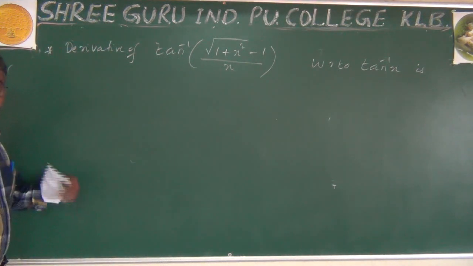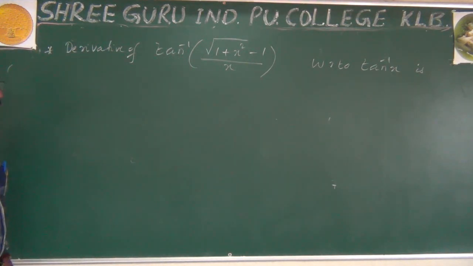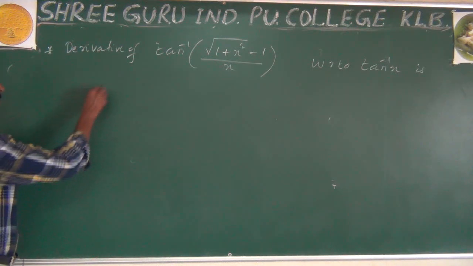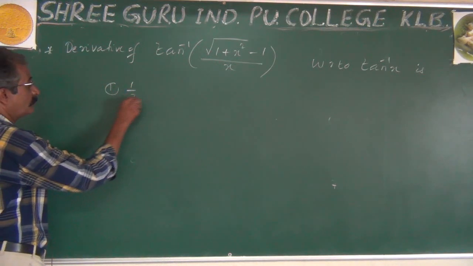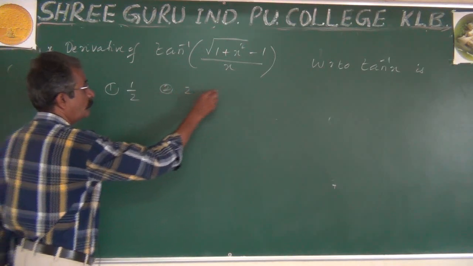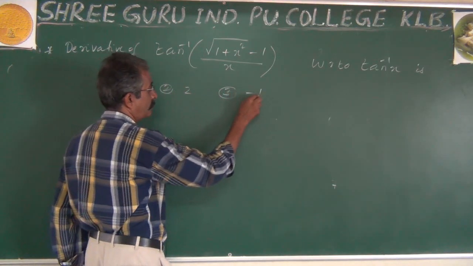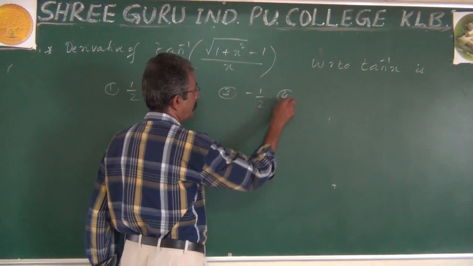It is actually the concept of differentiation of one function with respect to another function. First option 1 by 2, second option 2, third option minus 1 by 2, fourth option 0.